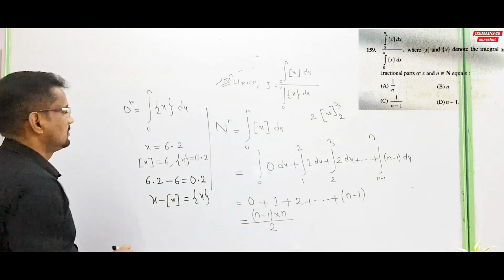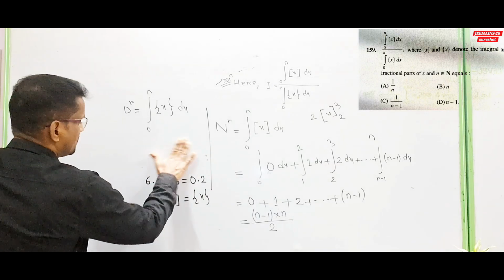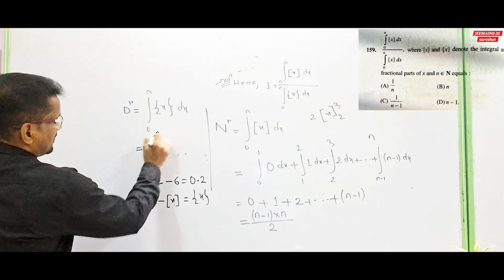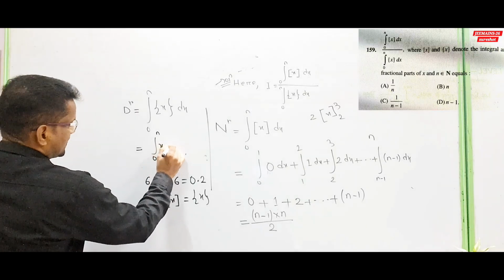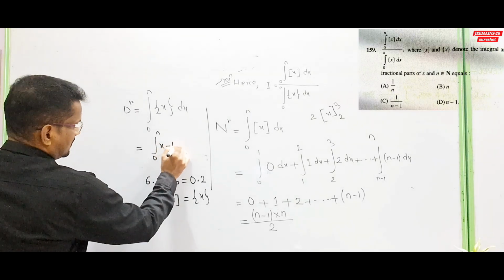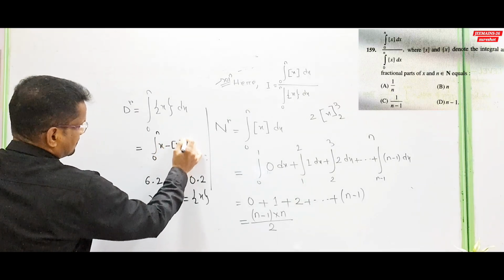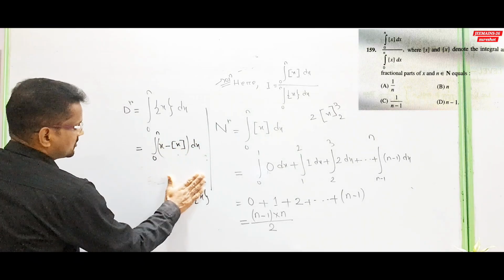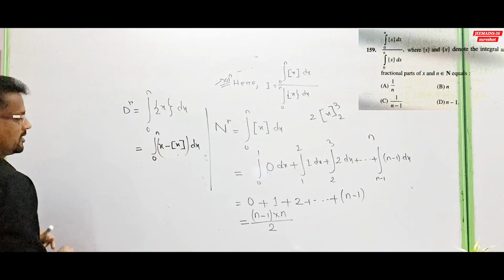It's clear? So therefore you can write the integration from 0 to n of x minus the integral part of x, within brackets, dx. This way we can write the denominator.